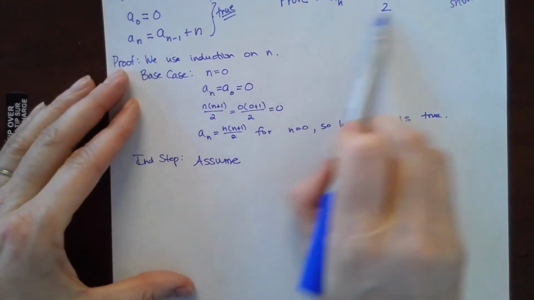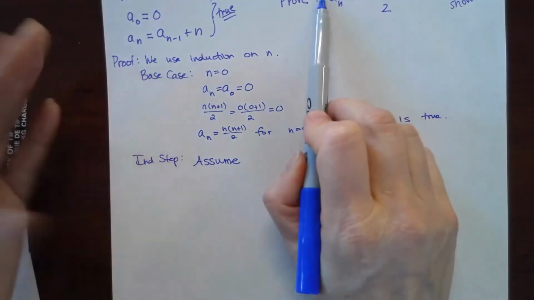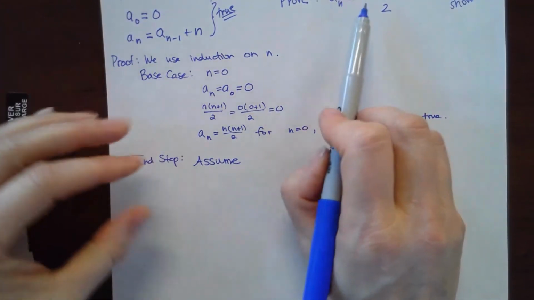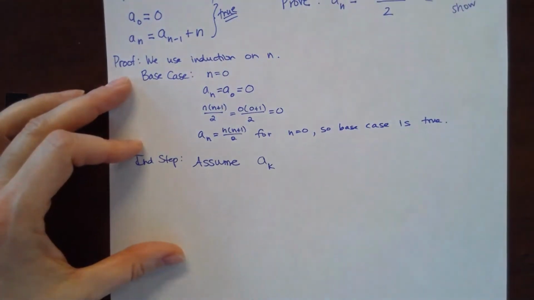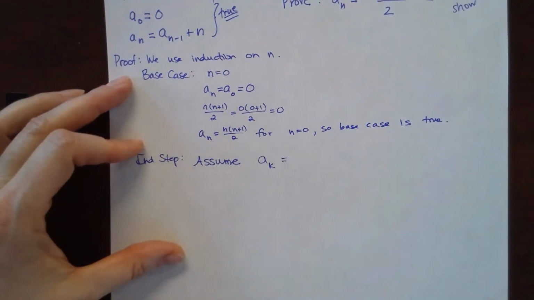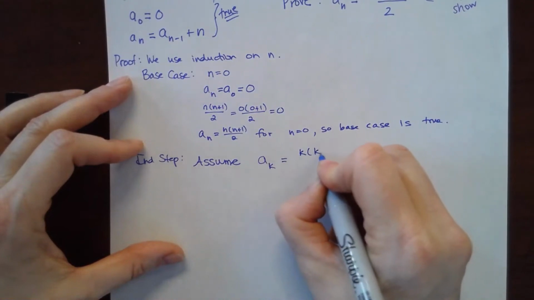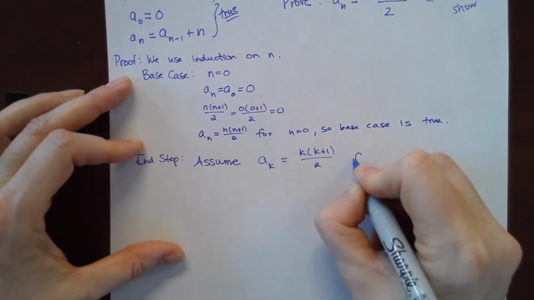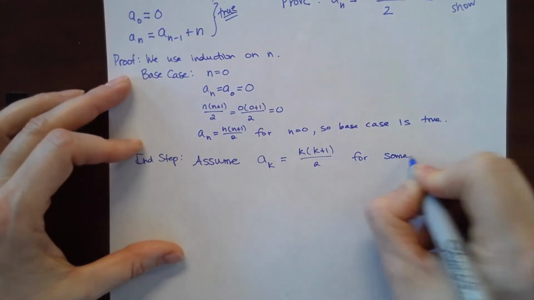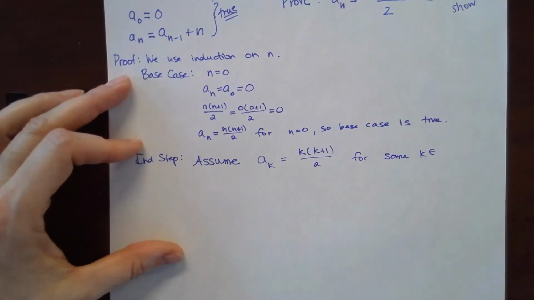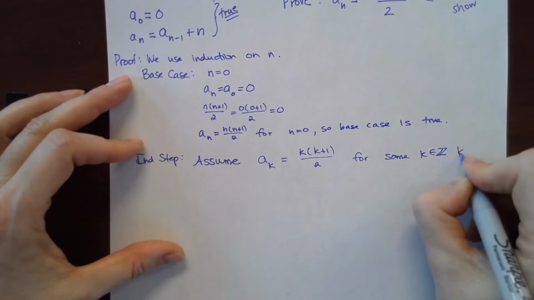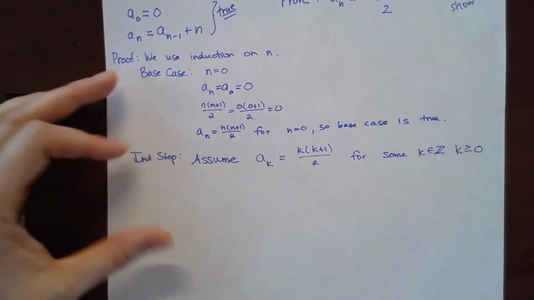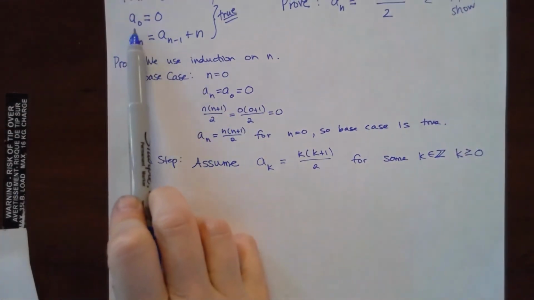The thing that we're trying to prove is true, we're just going to assume that it is true when we put k in there. So assume that the kth term of the sequence is equal to k times k plus 1 over 2 for some integer k that's greater than or equal to 0. Okay, since that's our starting point.